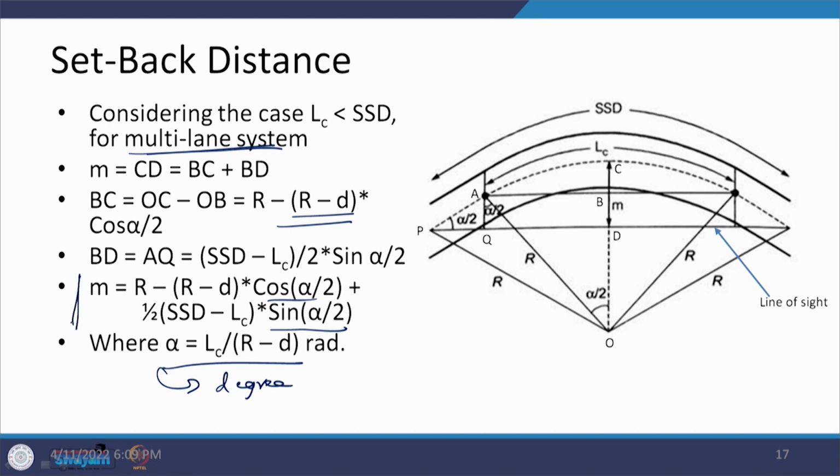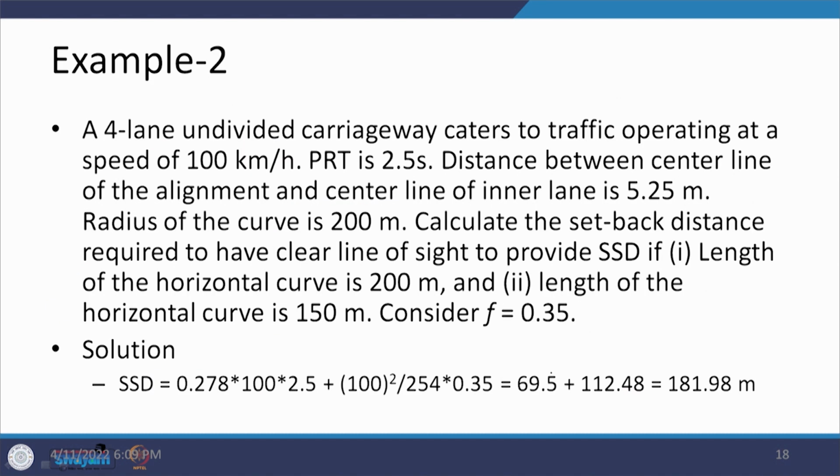So, in the case of a multi lane system, m is r minus d into cos of alpha by 2 plus half of SSD minus LC into sine of alpha by 2, where alpha is LC divided by r minus d. So, let us look at an example here.